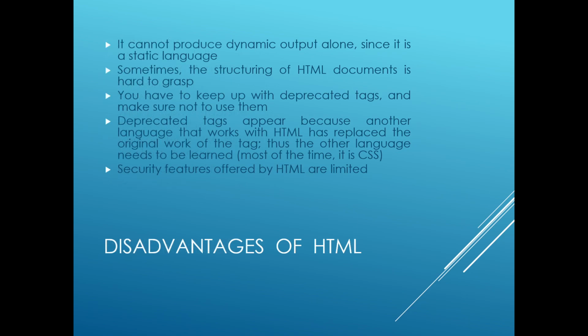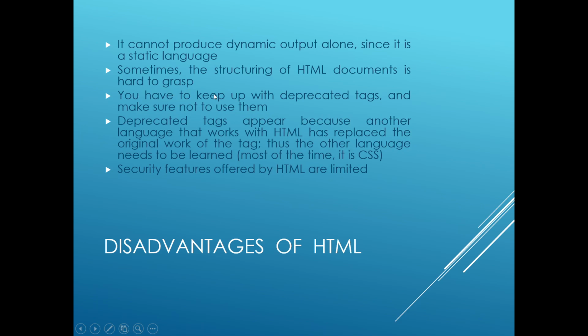At the end, it is time to discuss the disadvantages of HTML. It cannot produce dynamic output alone since it is a static language. We have not earlier discussed why it is said to be a static language. We will discuss it further. Sometimes the structuring of HTML documents is hard to grasp.